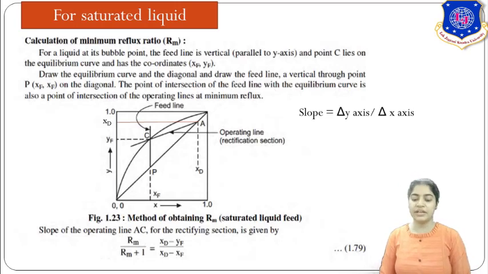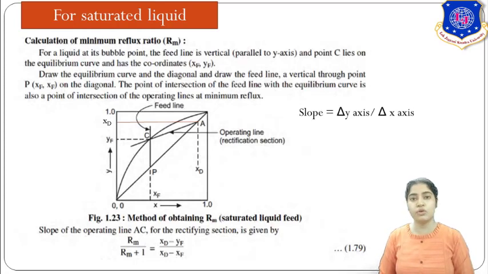Now here we need to find Rm, the minimum reflux ratio. We are clear about the slope of the operating line of the enriching section, that is R upon R plus 1.